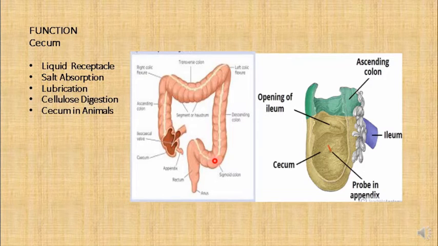Animals which eat plants and animals have a larger cecum. The herbivorous will have a bigger cecum than the omnivorous. Omnivorous are plant as well as animal eating. So the herbivorous will have a larger cecum because they will consume more cellulose and water.